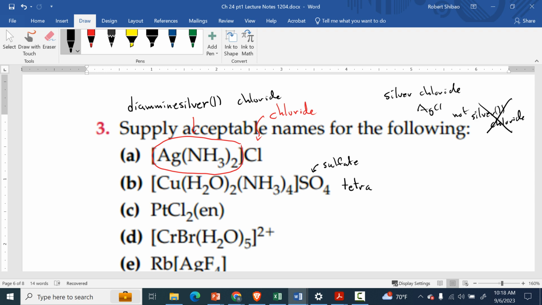Now, sometimes we get rid of the double vowels, sometimes we don't. Convention was we get rid of the double vowels, like carbon monoxide or carbon monooxide, which is correct?